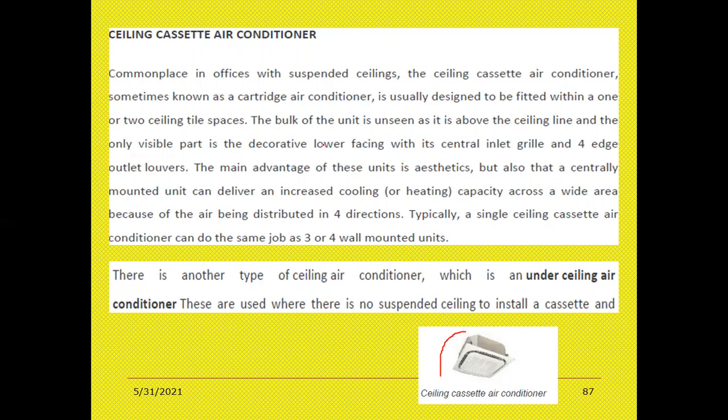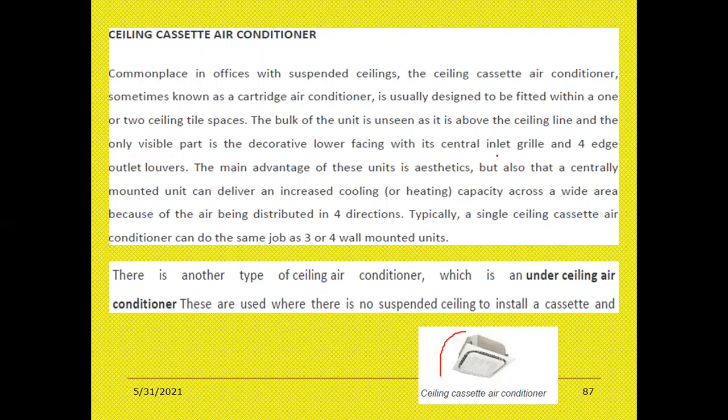Therefore, the small units can't cool the larger halls. Right? Now coming to the types of central air conditioning plants, because of the heavy usage and heavy tonnage, window or split ACs are not used for this type of application.